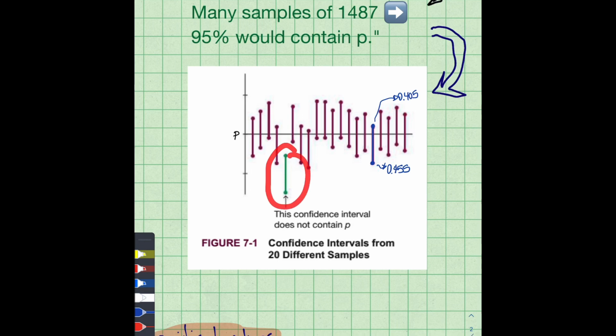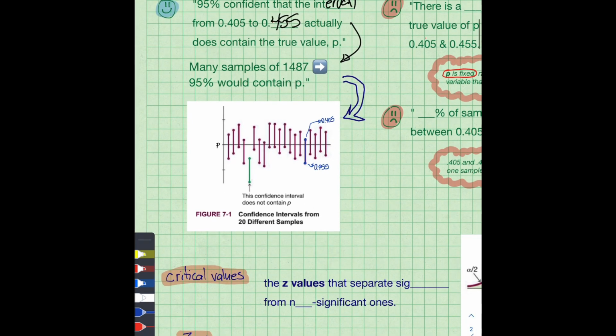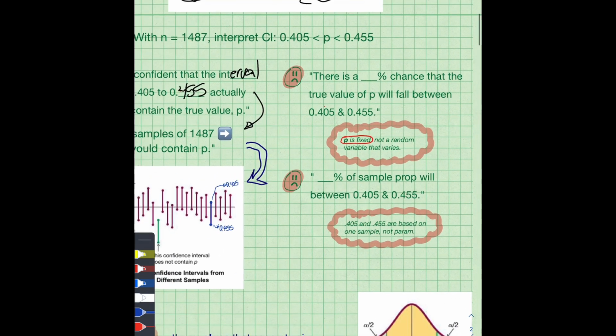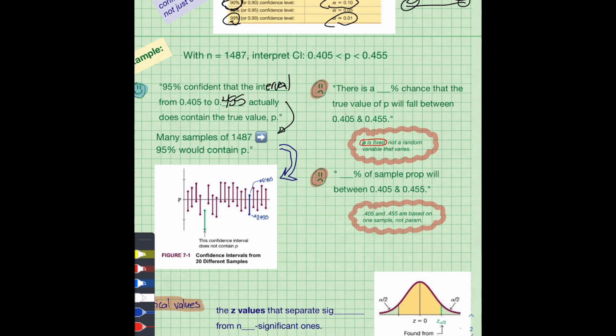Once in a while, you're going to pick a sample, and it's a bad sample. It is off for whatever reason. All right? So we can't ever be 100% sure, but we can with a certain amount of level. Yeah. So here's some bad ways to interpret, again, this sentence.